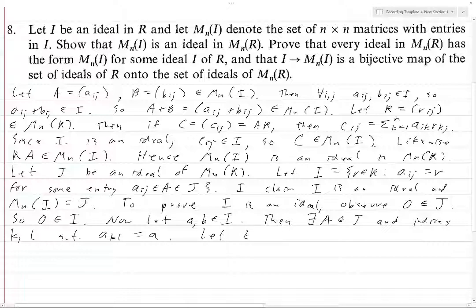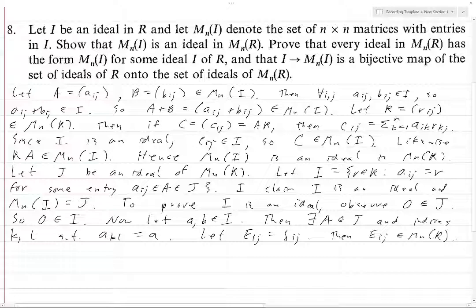Let E_ij be the matrix delta_ij, which has entry 1, the ring element 1, at the ij entry and zeros everywhere else. Then obviously E_ij is in M_n(R).